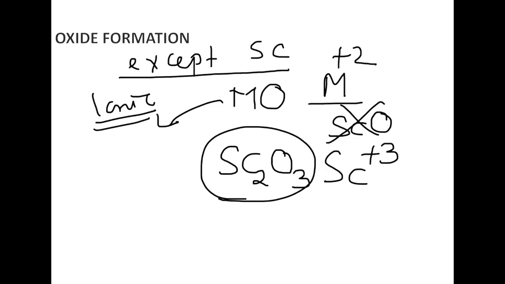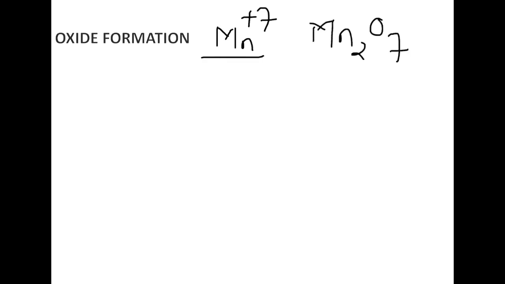Depending on their higher oxidation states, they can form higher oxides. Like Mn: the higher state of manganese is +7, so it can form Mn2O7.